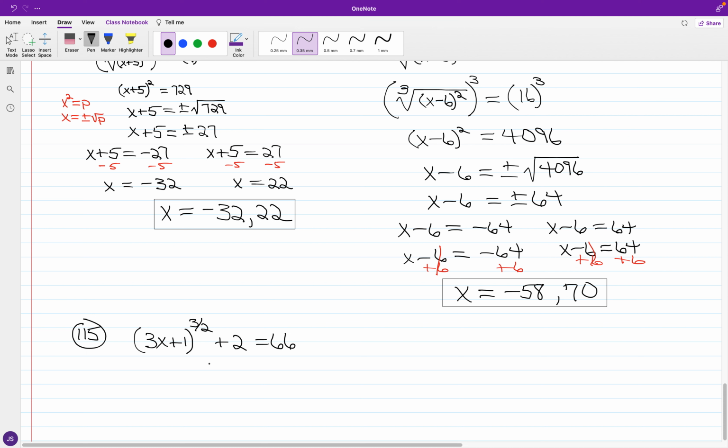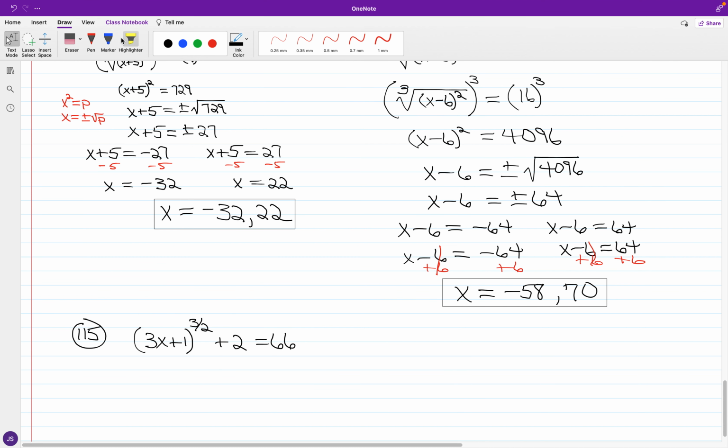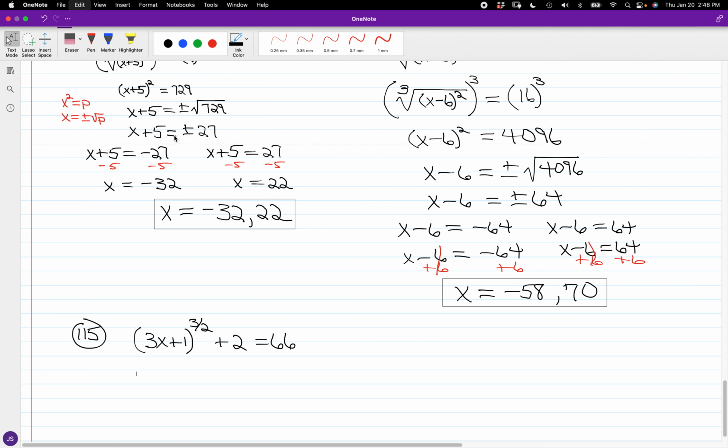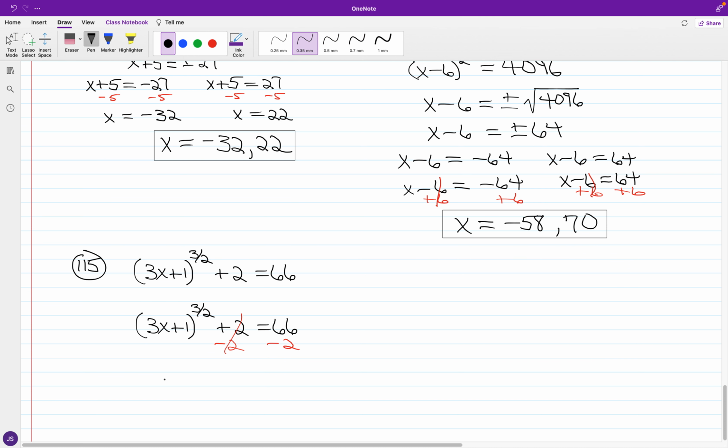For this one, I can start out and isolate the variable expression. So I'm going to take 2 away from both sides, and what I have here is the quantity of 3x plus 1 to the 3/2 is equal to 64.